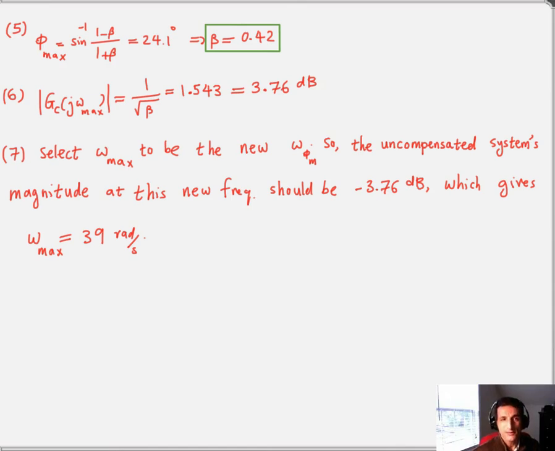So now step 7, you have to select the new phase margin frequency, omega max, to be a frequency in which the magnitude of the uncompensated system is this quantity, but with inverted sign, which means it has to be negative 3.76.